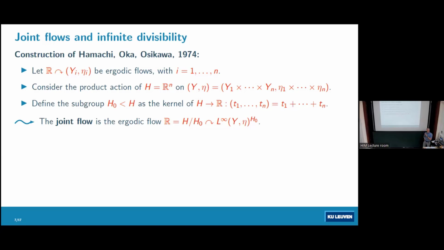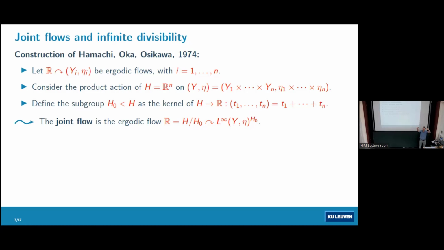So it's immediate to see that this is again an ergodic flow, and it is somehow natural in the sense that if you look at this H_0, it's generated by taking two of the copies of R and putting a t in one copy and a minus t in the other copy.